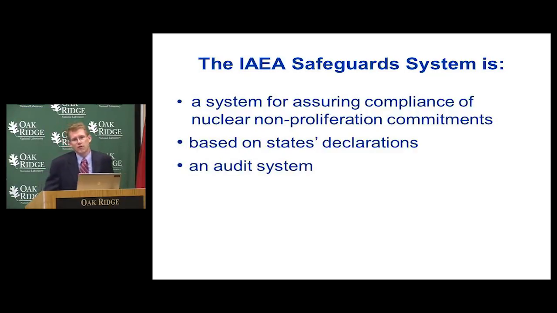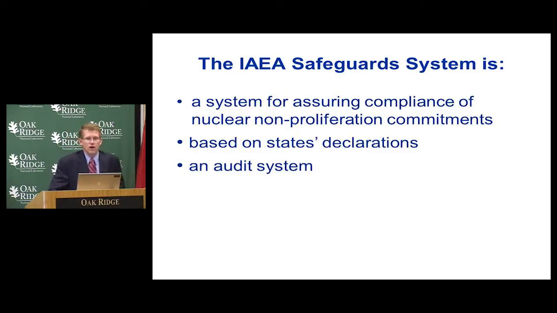If the Board of Governors so desires, they can then raise the issue to the General Conference. At the General Conference, all the members can then decide whether to raise it higher up into the UN structure.